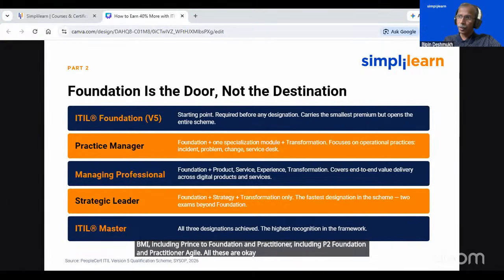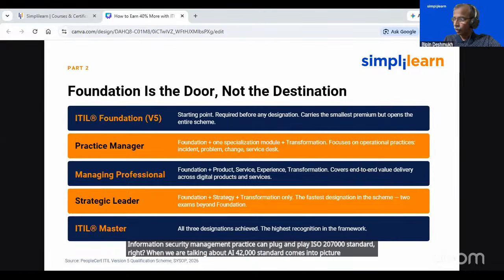When it comes to various other frameworks, each practice can plug and play different frameworks. Information security management practice can plug and play the ISO 27000 standard. When we are talking about AI, the 42,000 standard comes into picture.